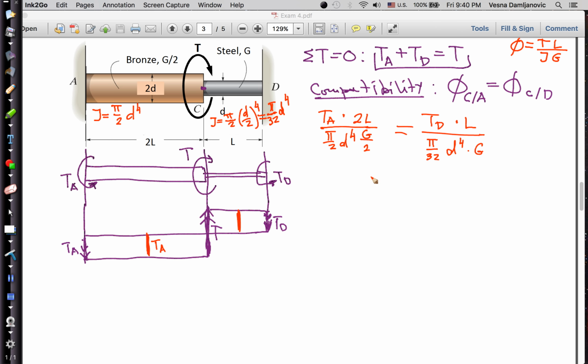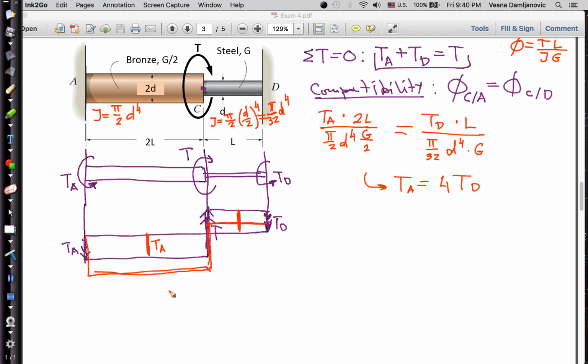And when you sort this out from all that, you get a very simple equation that TA is equal to 4TD. So we see TA is bigger than TD. So this was much bigger, like this maybe, and this guy was much smaller, like this maybe.